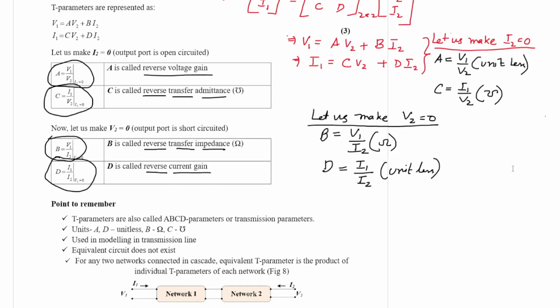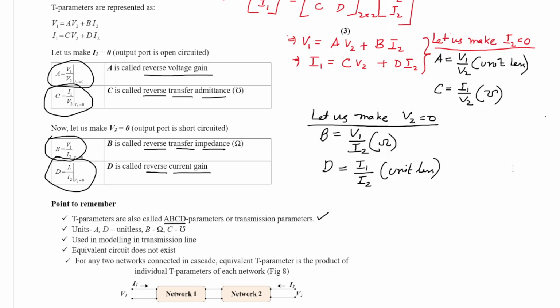To discuss one by one, you see T parameters, that means transmission parameters, are also called ABCD parameters. Unlike Z parameters and admittance parameters, the units of all the ABCD parameters are not the same.